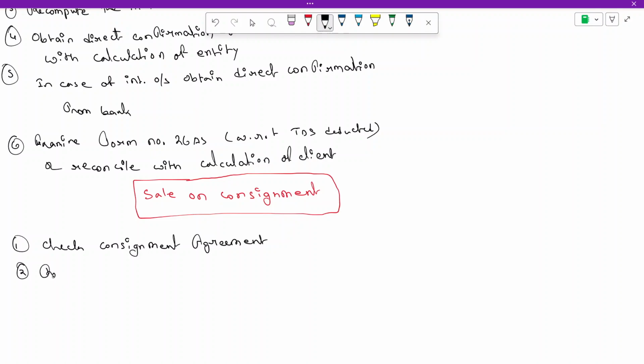Recompute the commission. Examine proforma invoice.